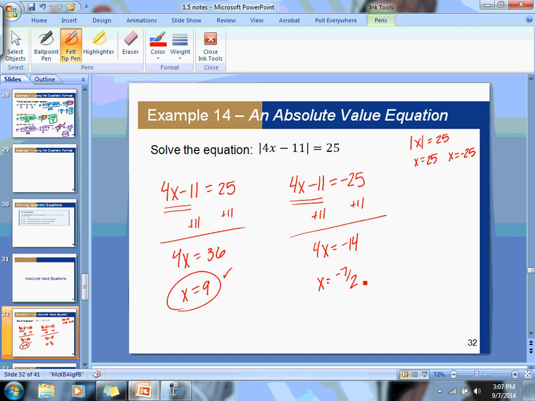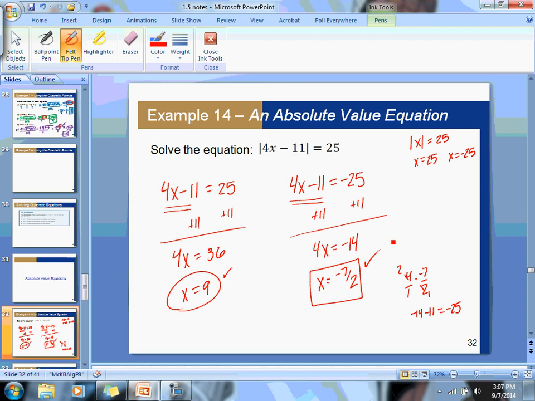And actually, if I substituted that back in, I would get, let's see, 4 over 1 times -7 over 2. 2 goes into 4 2 times, so that's really like a -14. So -14 minus 11 gets me a -25, and the absolute value of that is 25. So that also works for my solution.